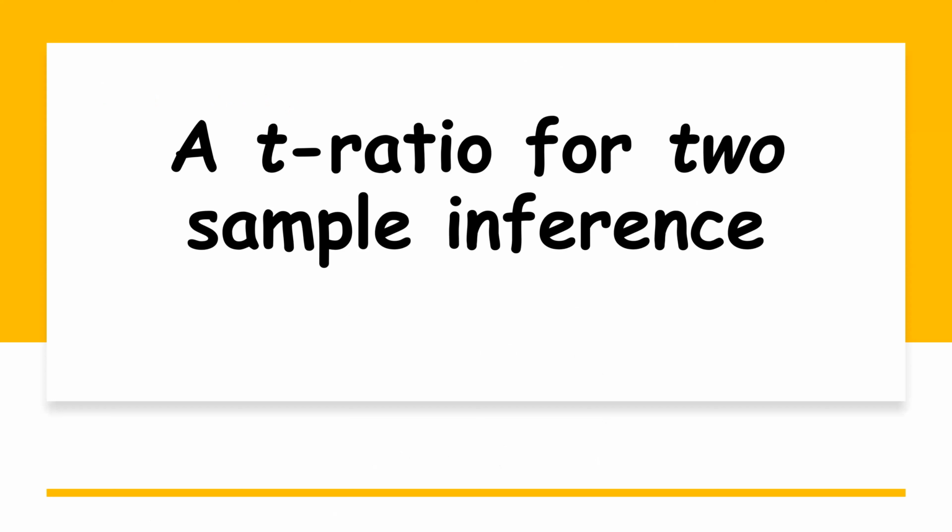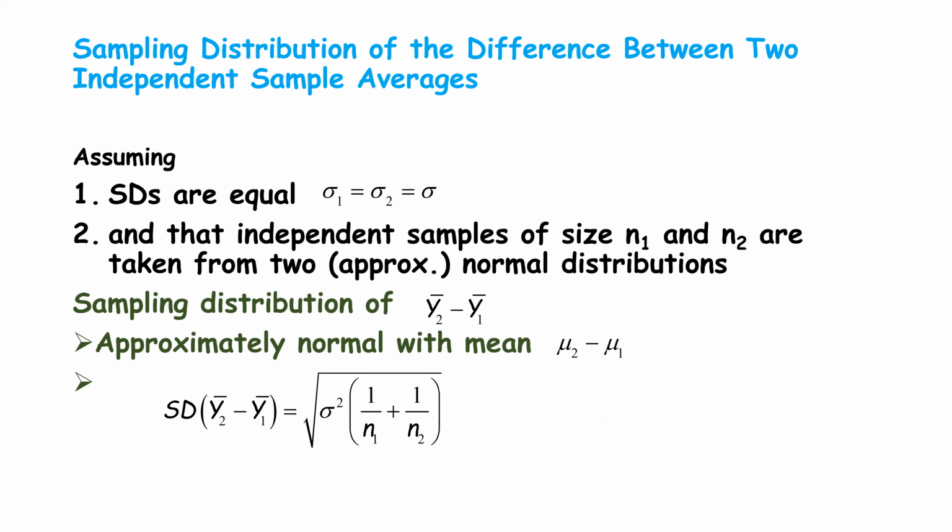The T ratio for two samples: we will start reading the examples from chapters 1 to 3, and they are all about using the T ratio. We make several assumptions about the difference between two independent sample averages. The assumption that we are going to make is that the individual standard deviations are equal to sigma. Independent samples of size N1 and N2 are taken from two normal distributions.